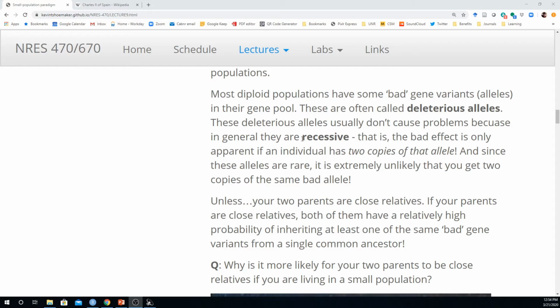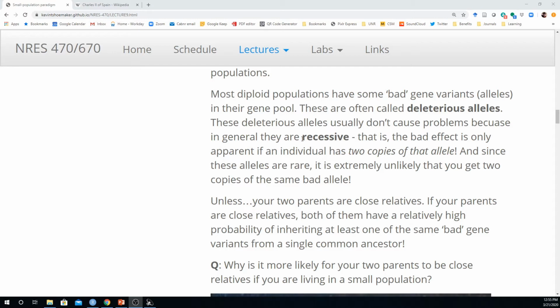They're in our gene pool, these deleterious alleles, and they don't usually cause problems because, in general, these deleterious alleles are also recessive. That is, in order for the bad effect to take place from these deleterious alleles, you have to have two copies of that allele.